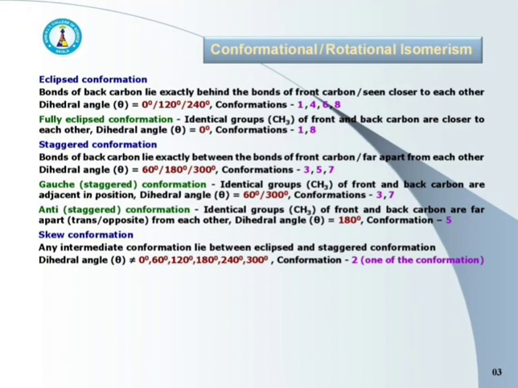The staggered conformations in which identical groups, that is CH3 of back and front carbon atoms, are adjacent in position are specially called Gauche conformations.